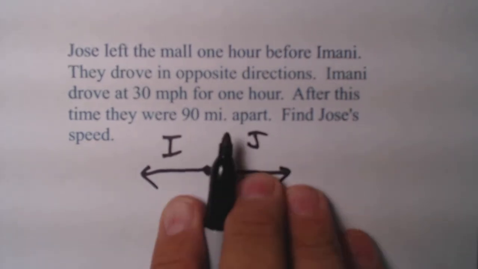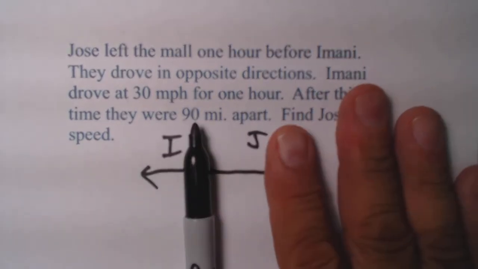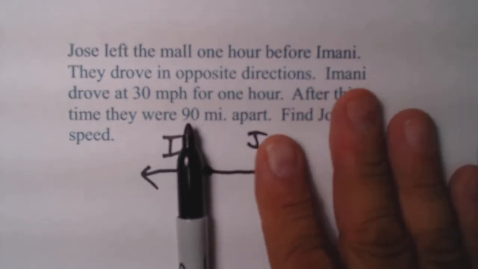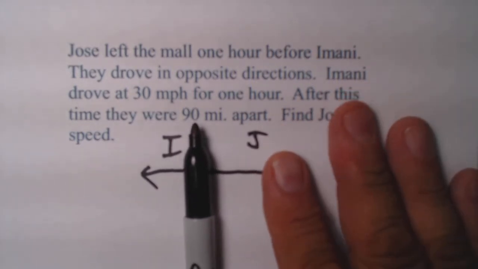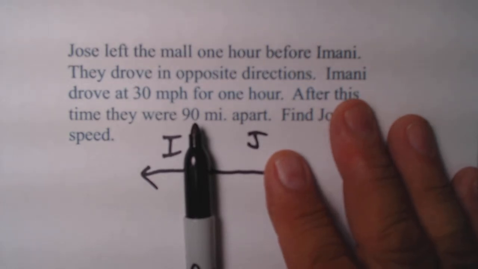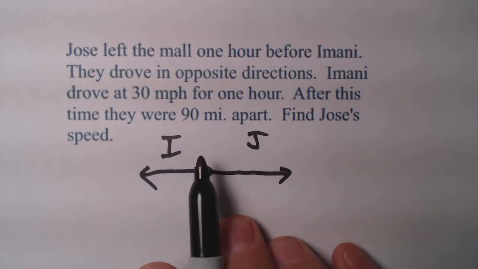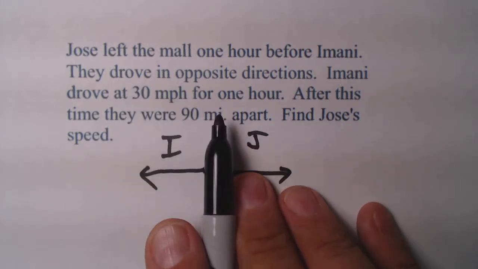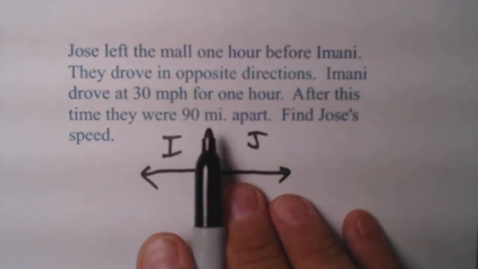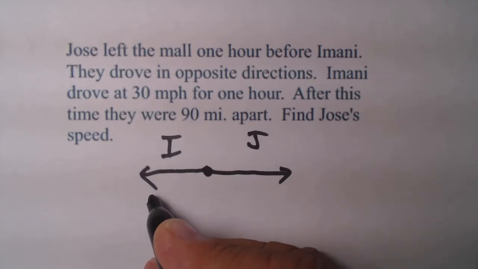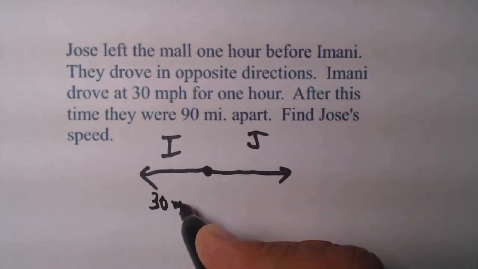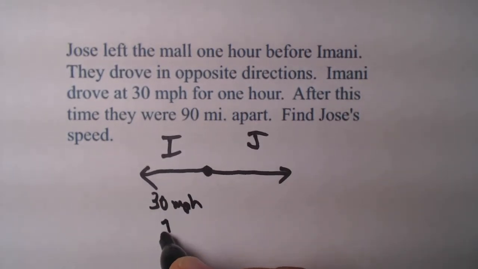Your choice of how you want to set this up to begin with, but then after this, you've got to be standard in how you deal with all of this stuff going on. So here we go. Let's turn around now and say, Amani drove 30 miles per hour for 1 hour. 30 miles per hour, 1 hour.